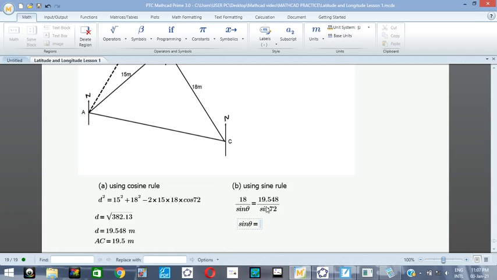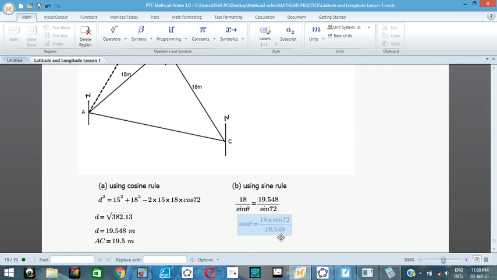sine theta is going to be equal to 18 times sine 72 then divided by 19.548.